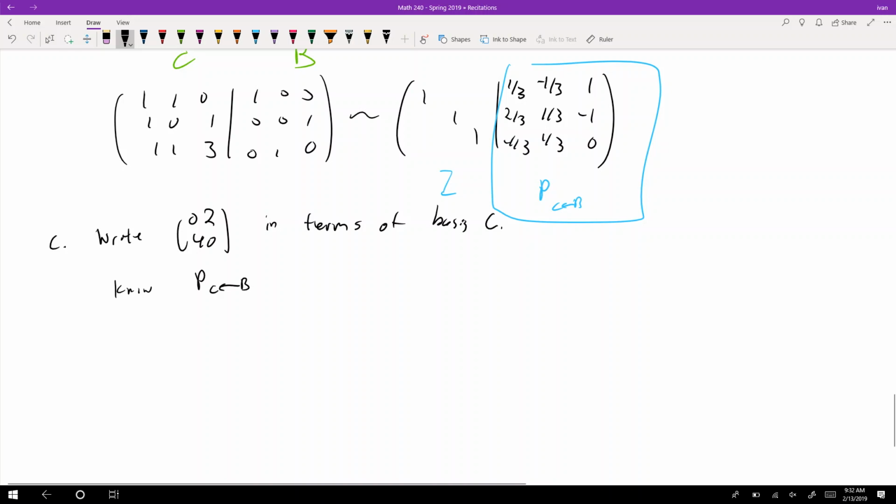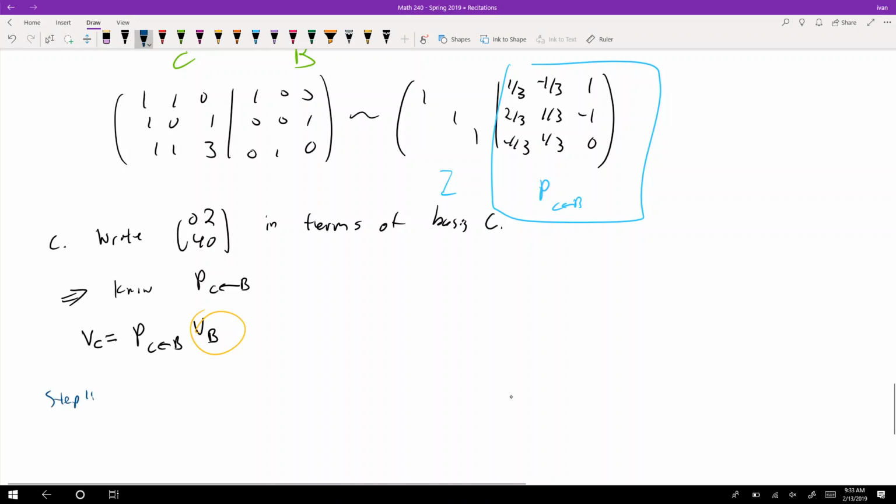Now we essentially want to find some coordinate vector in terms of basis C, and that's going to be equal to the change of basis matrix times the coordinate vector in basis B, right? The problem is, what is this?